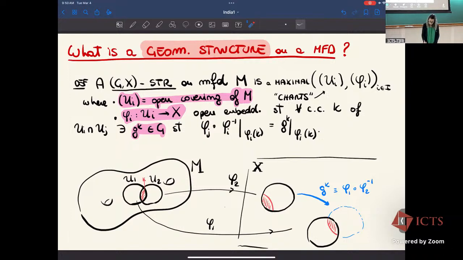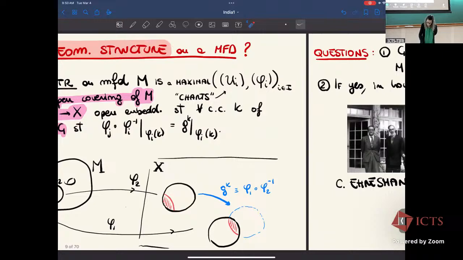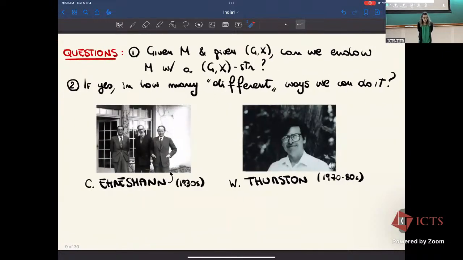What you want is that for every connected component of the intersection of two charts, you find an element of the group that lets you translate from one chart into the other. So this is the local definition of a geometric structure. We will see soon the more global definition, or at least a part of it.